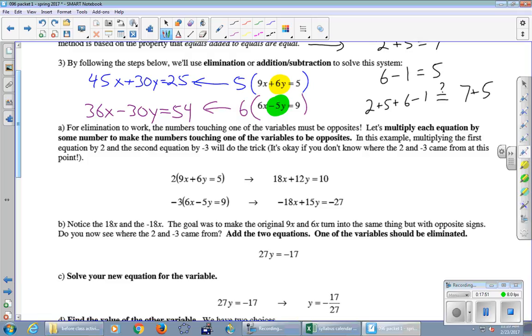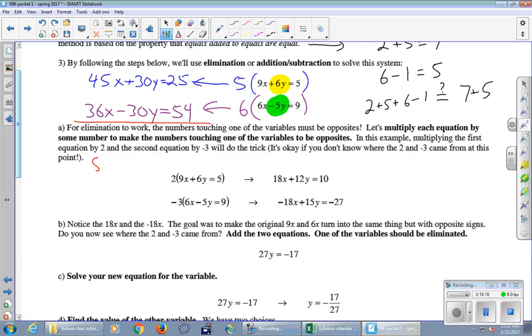And what wonderful thing happens when you add these 2 equations? The y's cancel because we built them to cancel, right? We turned them into the same thing but with opposite signs. And the reward is that the terms cancel. Okay, so we just have to add up the x's. How many x's? 81, right?